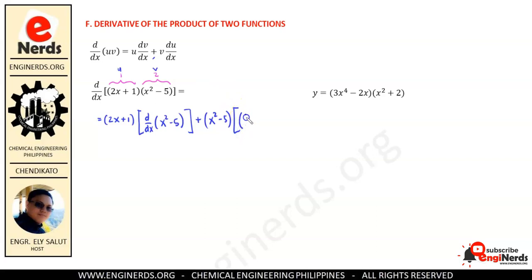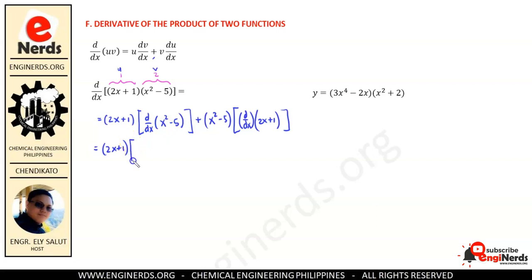So d over dx times our u, which is 2x plus 1. Okay, so we'll have here 2x plus 1. What's the derivative of x squared minus 5?